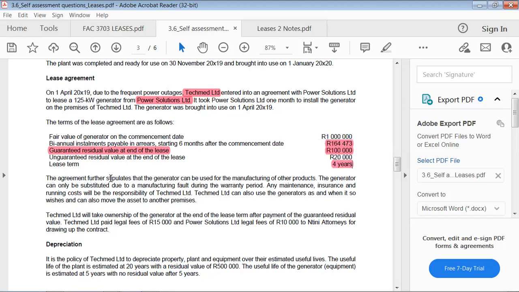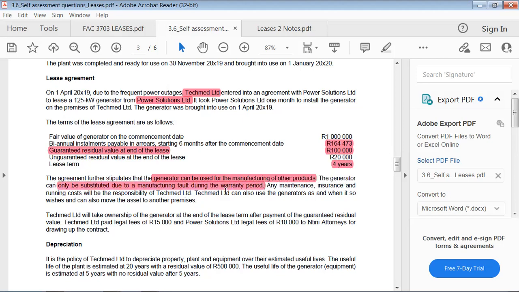The agreement further stipulates that the generator can be used for manufacturing other products. That is what the contract contains. The generator can only be substituted, it is saying only, so you need to read carefully, right? Due to a manufacturing fault during the warranty period.